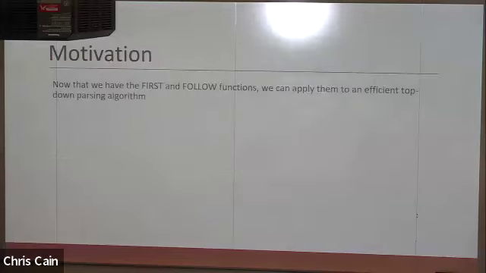All right, we know what the first and follow functions are now, so we can now use them to parse efficiently. We thought CYK was efficient. I don't know if we ever thought CYK was efficient, but now we can really get an efficient parser, which is great. To do this, we're going to be converting our context-free grammar into an NPDA. We had some experience with this before.